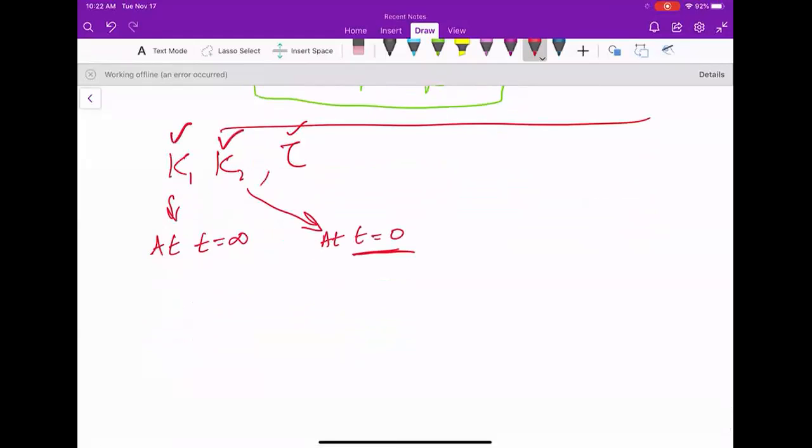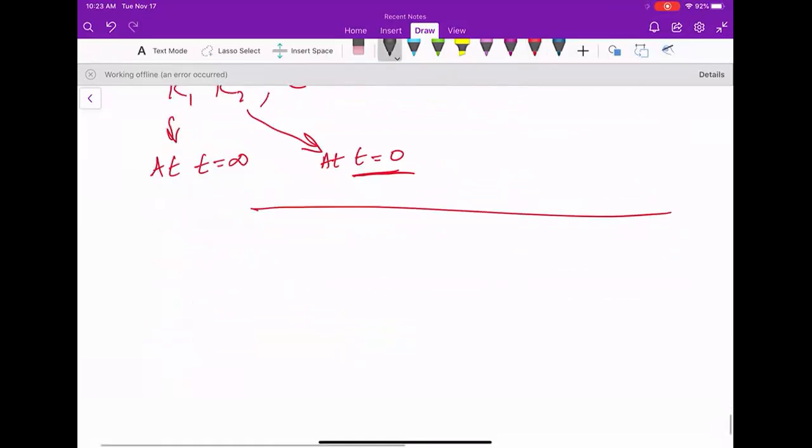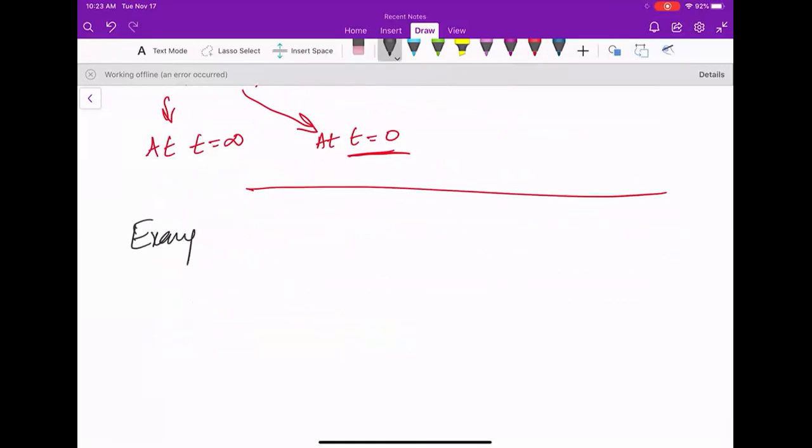Okay, so let me quickly solve another example so that it will be more clear what we are trying to do. Example 7.1. So in this example, we are given the circuit, something like this.